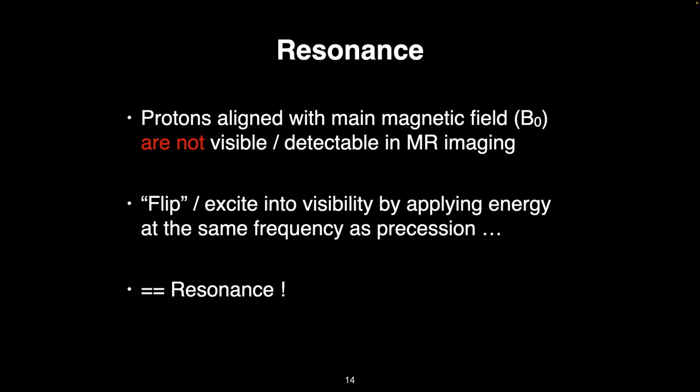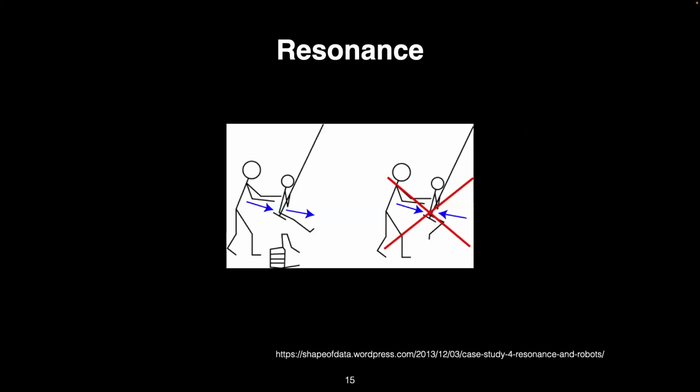So what we have to do is move some of the magnetization of the sample into that XY plane, essentially perpendicular to the main field alignment. And we rely on resonance to be able to accomplish this. Now, resonance means essentially matching the frequency of vibration of the protons, or precession in this case.